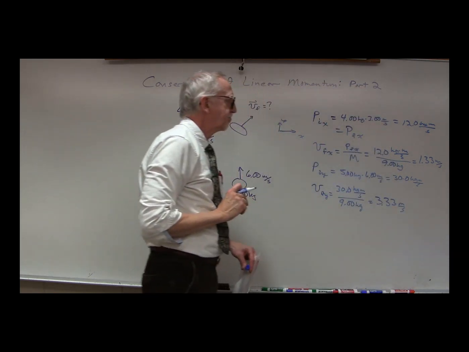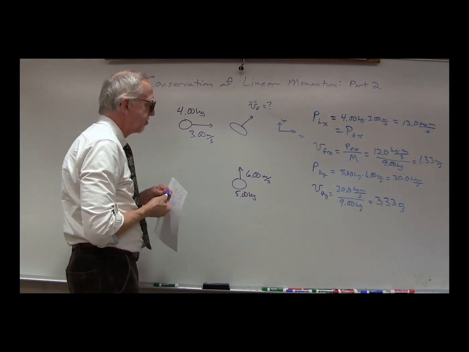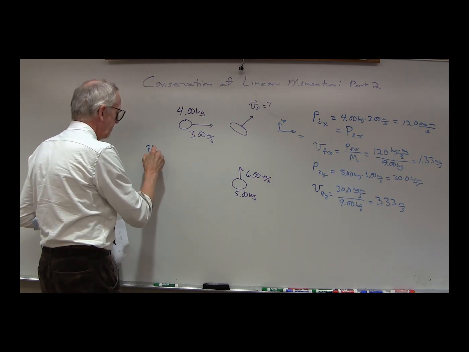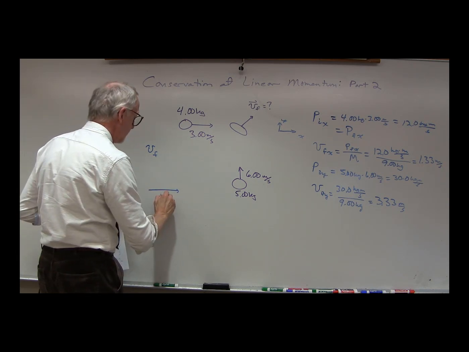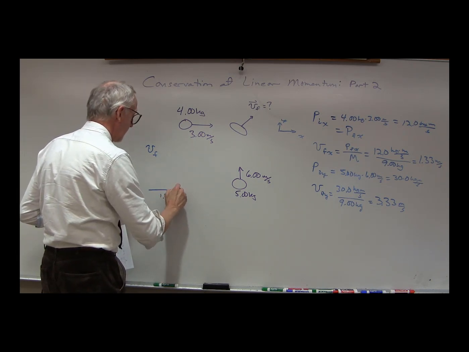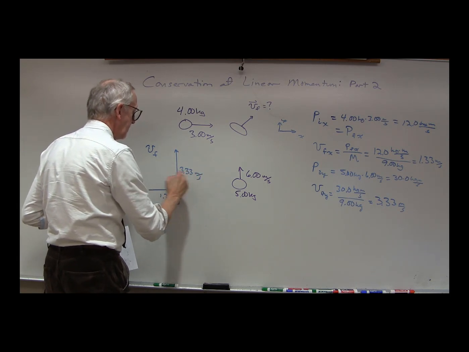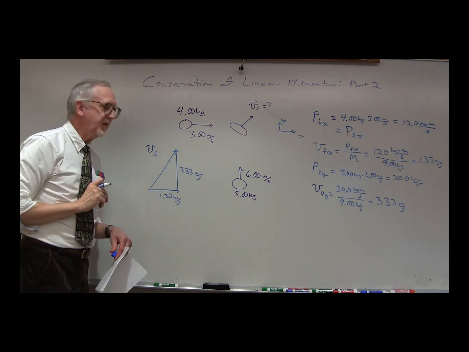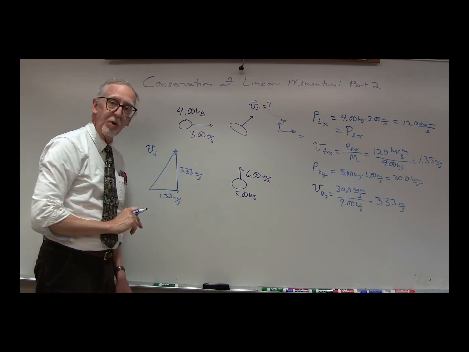All right, let's figure out what the final magnitude of the velocity is and the direction. So what do we have? We've got v final, we've got an x component of 1.33 meters per second. We have a y component of 3.33 meters per second. So our final magnitude, v final, we can find from Pythagoras: the square root of 1.33 squared plus 3.33 squared.